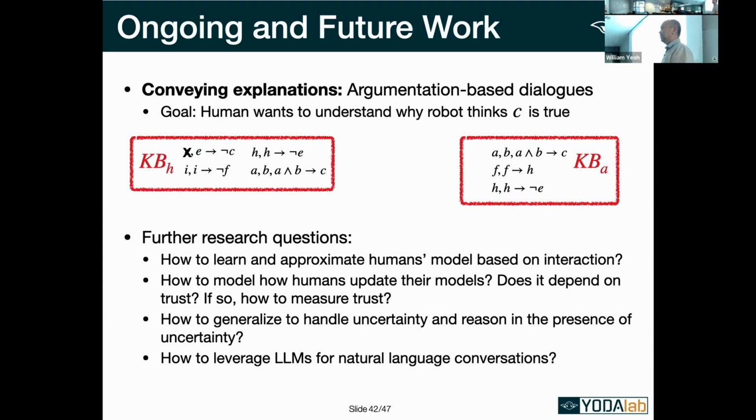Yes. On your previous slide, you were saying that if the human does not have information, the human says, okay, robot, I'll just take your word for it. Is the converse also true? If the human has information that the robot doesn't, will the robot also assume that the human is not lying?